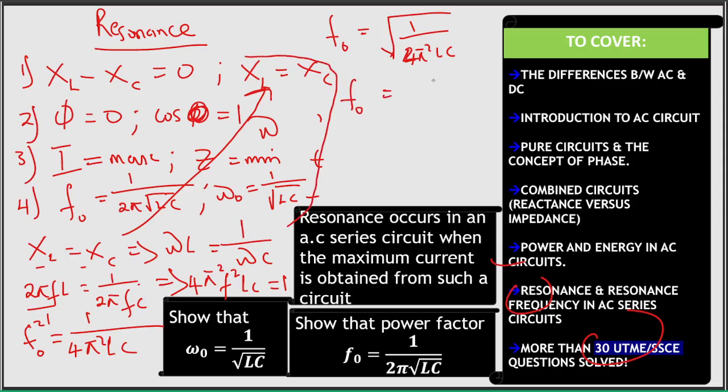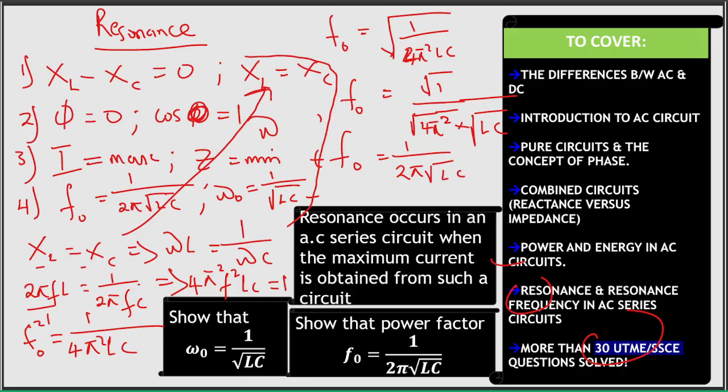F naught is equal to, remember, you can break this apart, root 1, and then can I do something like this? Root 4 pi squared times root LC. This is allowed in math, right? So f naught is equal to root 1 is 1, and then root 4 pi squared will give us 2 pi, and then we retain LC.